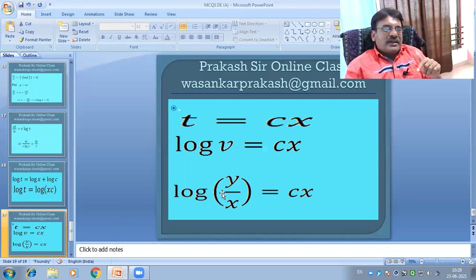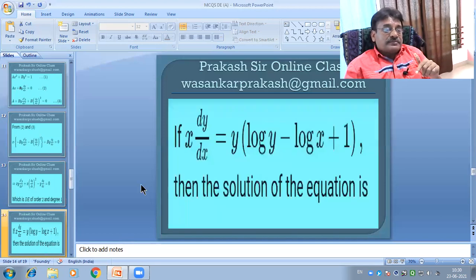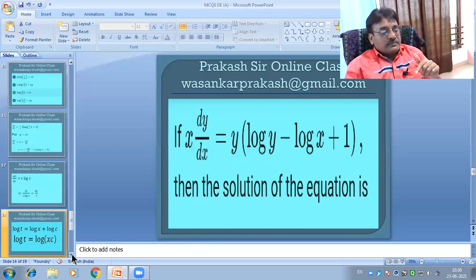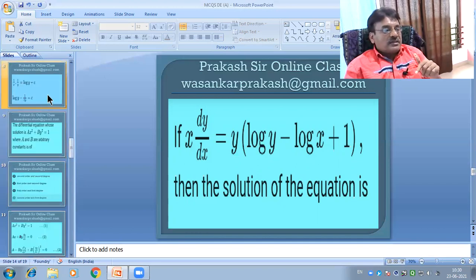And this is the required solution of the differential equation. We find the solution of this differential equation, and the solution is log y by x equal to cx.